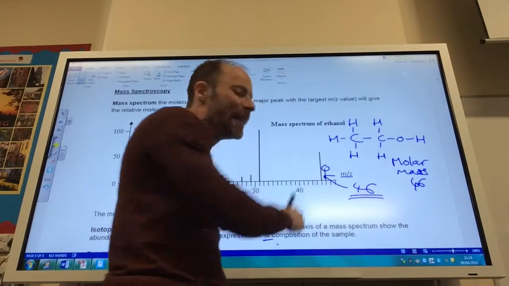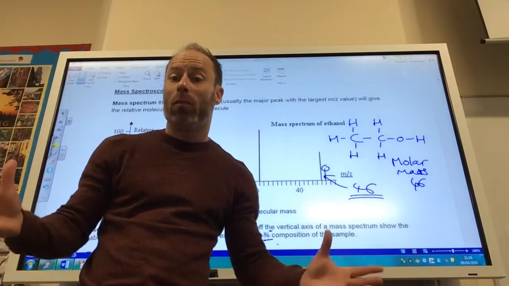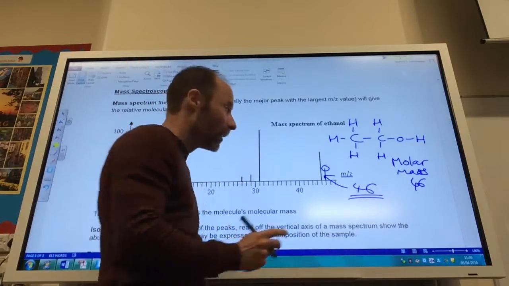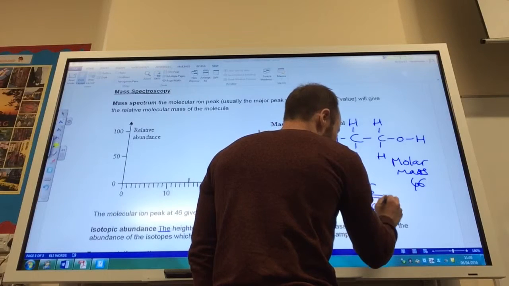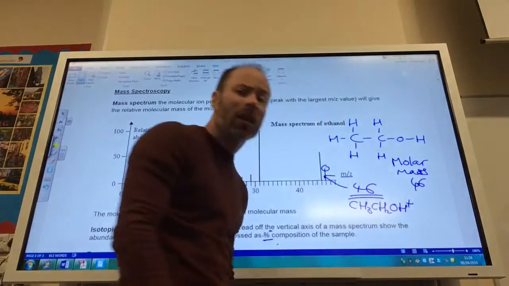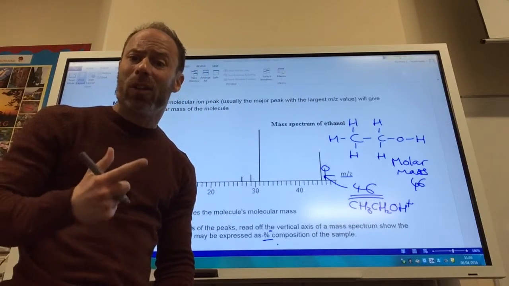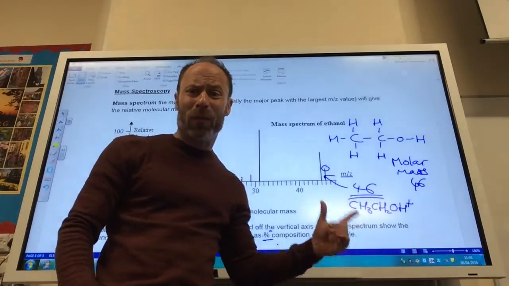So that peak there is your molecular ion, the whole molecule with a plus charge. If you had to identify what that 46 is as the ion, it would be CH3CH2OH plus. It's really important: if they want you to identify the ion, you put the plus charge on there as well. So that is 46.